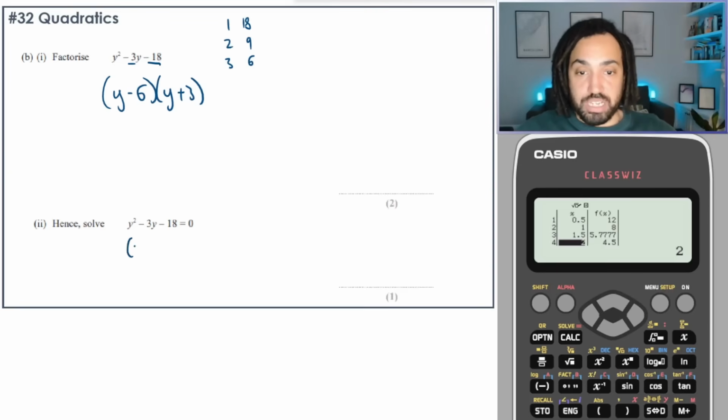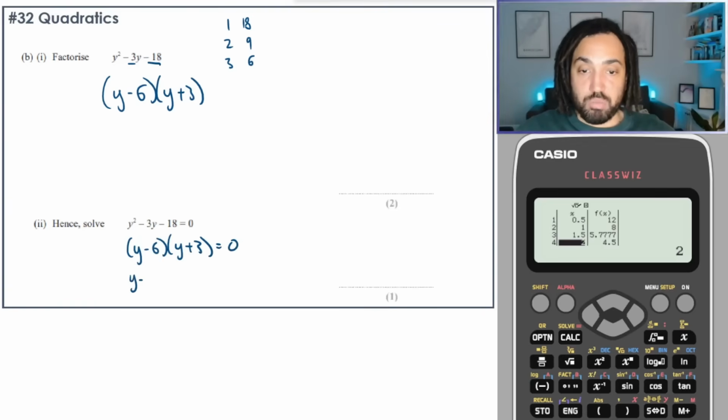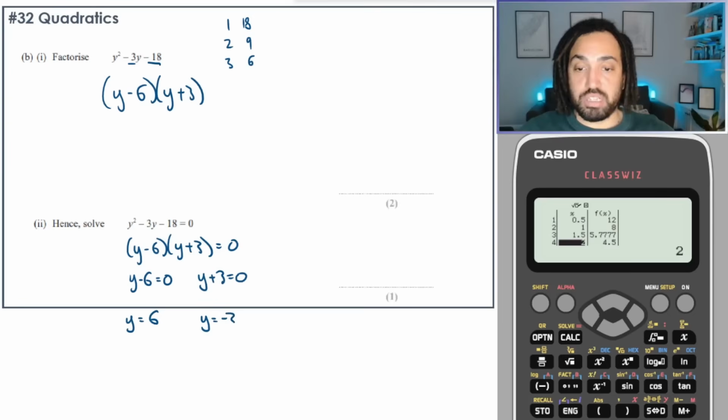Now we solve for when it equals 0. So either y minus 6 equals 0 or y plus 3 equals 0. Well, if y minus 6 equals 0, then y equals 6. And if y plus 3 equals 0, then y equals minus 3.